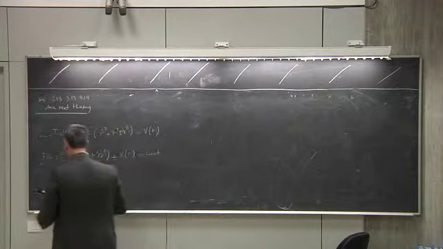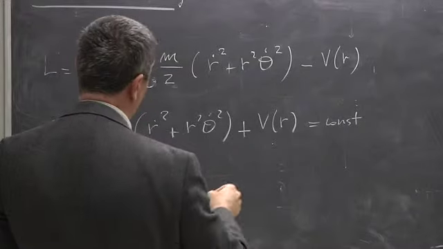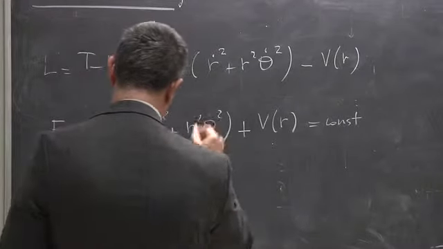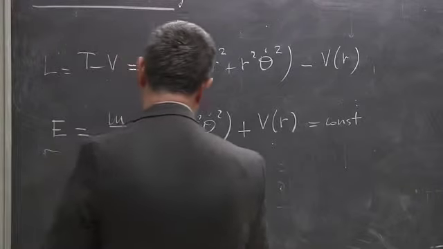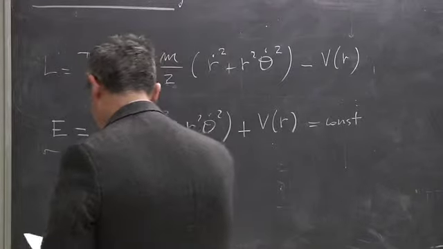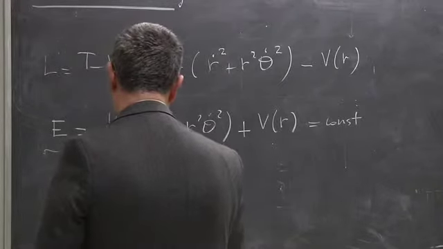And then I use the other one, the angular momentum, which is just m r squared theta dot. So this term here I can rewrite like 1/2 m r dot squared plus 1/2 L squared over m r squared plus the potential. And this is still the energy.